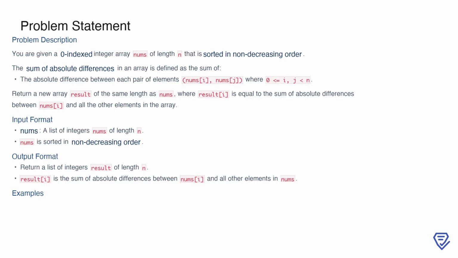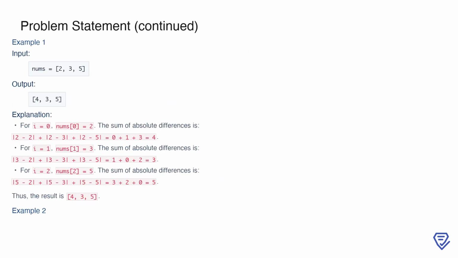Let's consider the first example where the input array is nums equals [2, 3, 5]. For the first element, nums[0] equals 2, the sum of absolute differences is calculated as the sum of the differences between 2 and every other element. |2-2| plus |2-3| plus |2-5| equals 0 plus 1 plus 3, which equals 4.